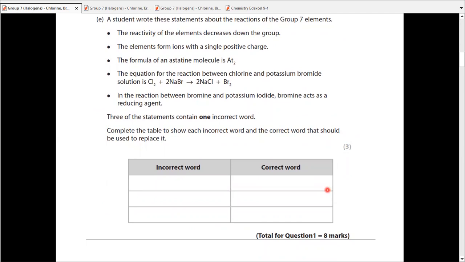These are correct and incorrect statements, and you are going to not only identify which statements are incorrect, you're also supposed to correct them with the correct word. There is only one incorrect word in every statement. That can be a spelling, a state, or the explanatory word.